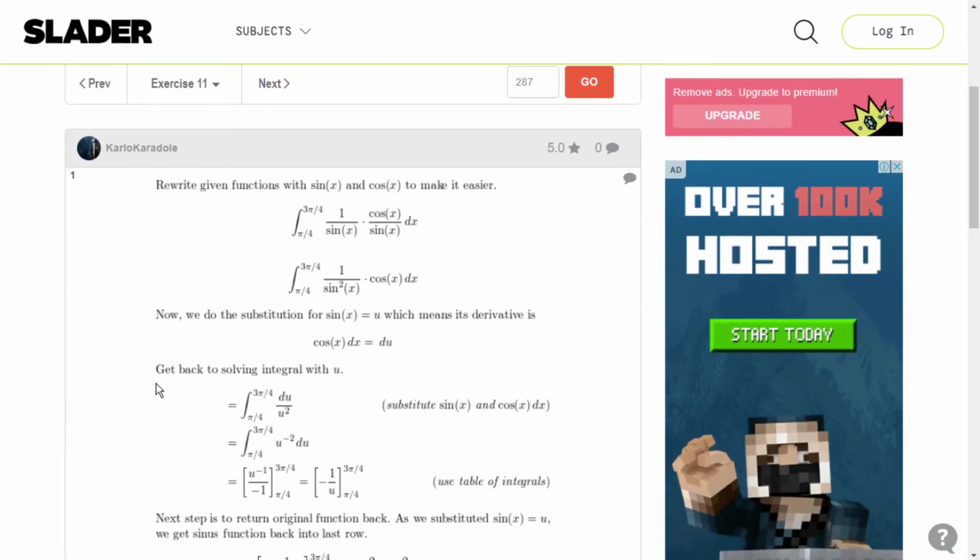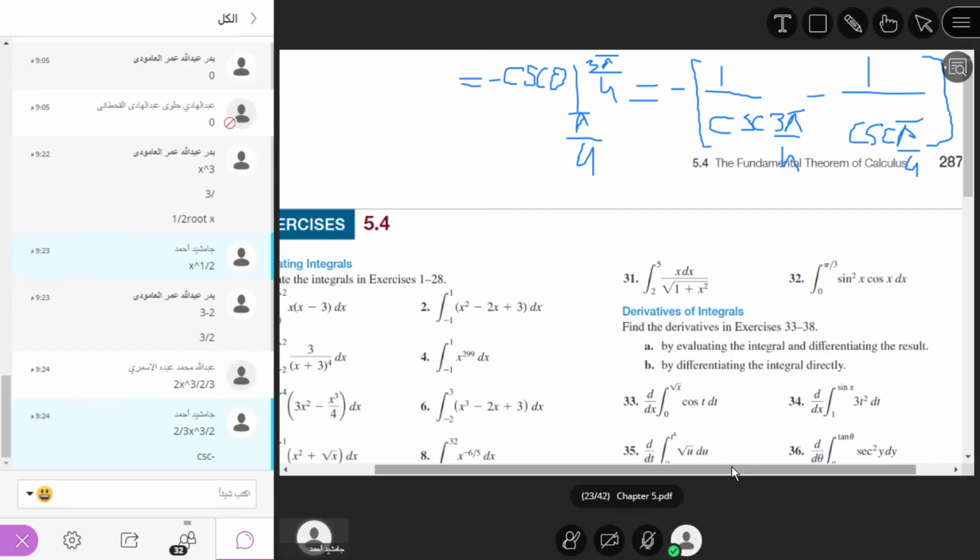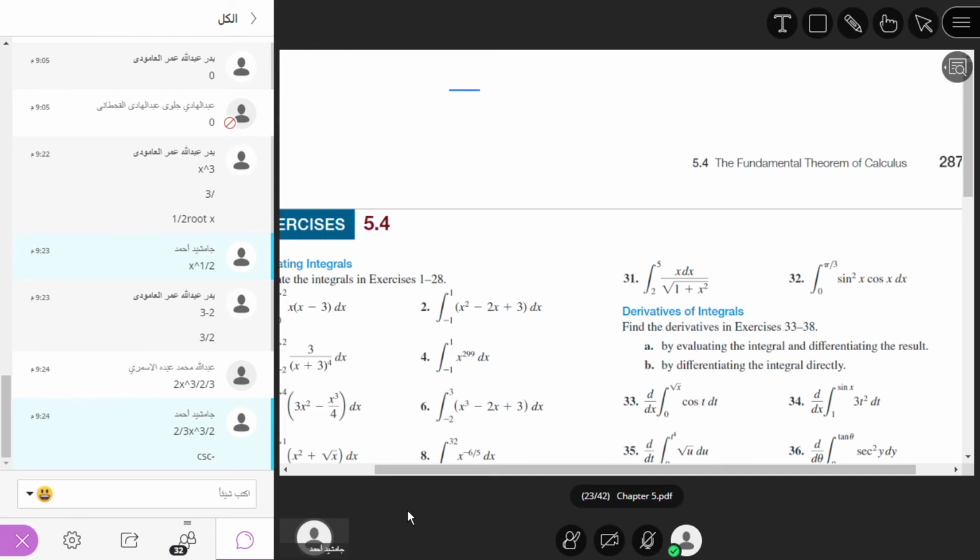What is cosec pi by 4? Sorry, here we have a small mistake. Here this is the antiderivative: minus cosec theta, and the upper limit is 3 pi by 4 and the lower limit is pi by 4.